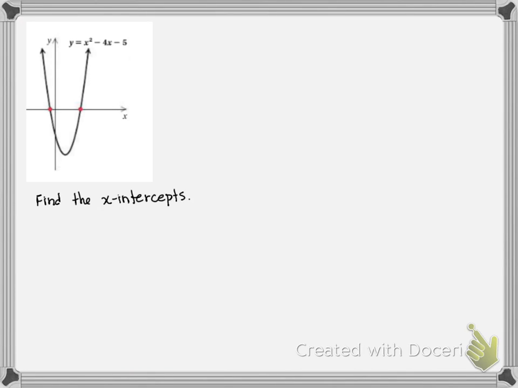So we intentionally did not label the graph because we want you to find the x-intercepts algebraically. So what do we know about points that are on the x-axis? Remember that points are ordered pairs.